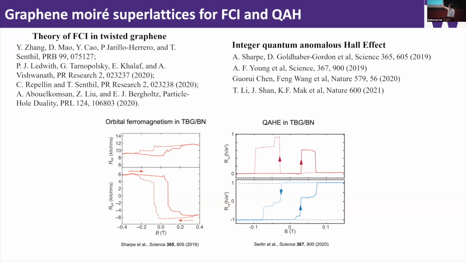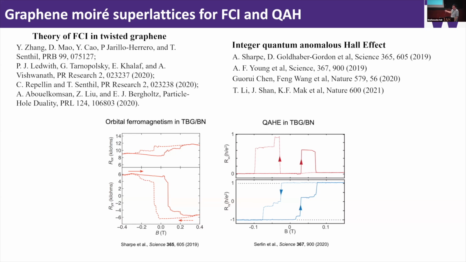Here I highlight the field theory works, which show that you can use this graphene system, which already has a flat band. The theory work shows that it's also possible to realize topology in the system. You can introduce strong interactions and topology. It's possible to realize these fractional Chern insulators later.